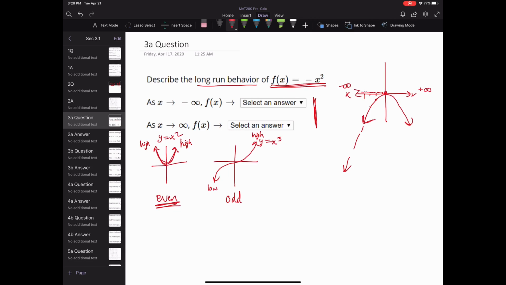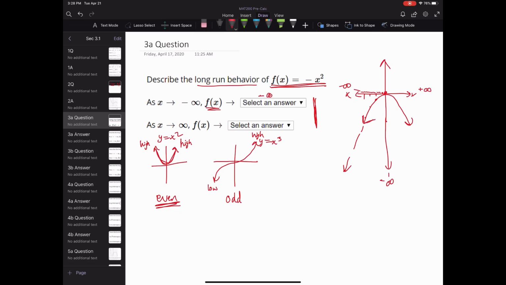So what happens as x goes to negative infinity? Well, this is your y-axis now, and this is also negative infinity, but on the y. So f of x, which is the same thing as y, goes to negative infinity.